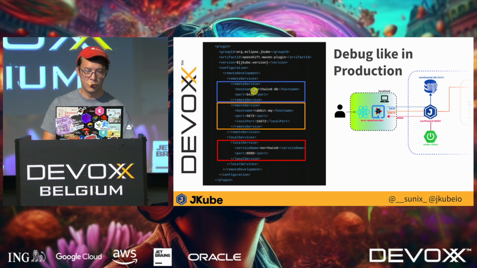So just to give the name and the port. And then you can do the same thing for the RabbitMQ broker. And the other way around, you can redirect calls to the remote service locally to your machine. So this is the opposite.